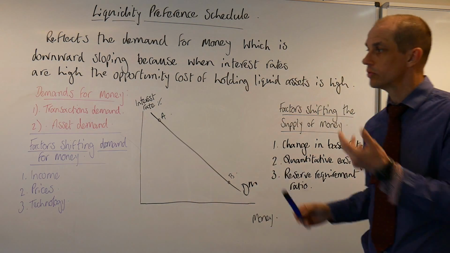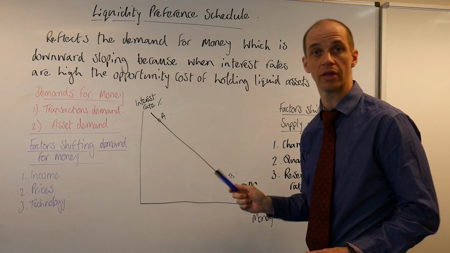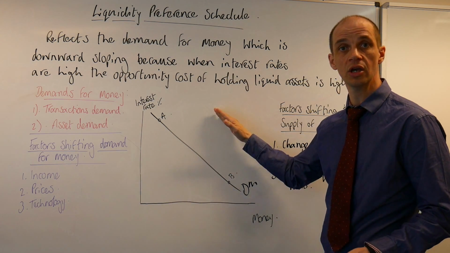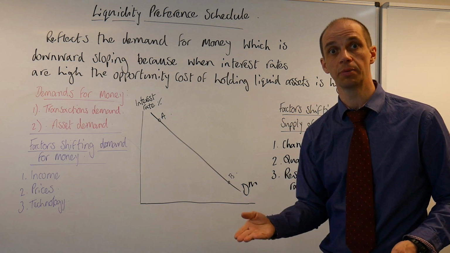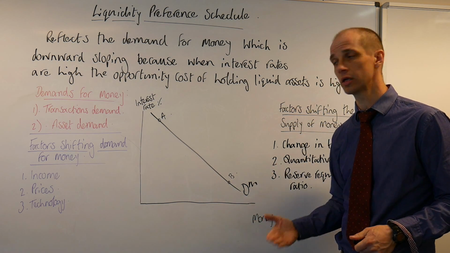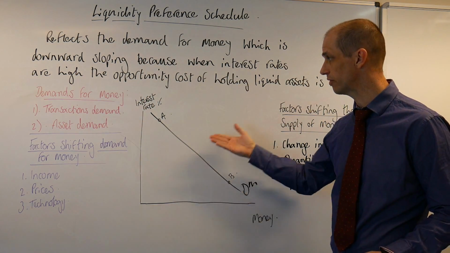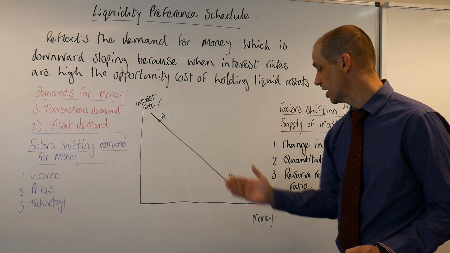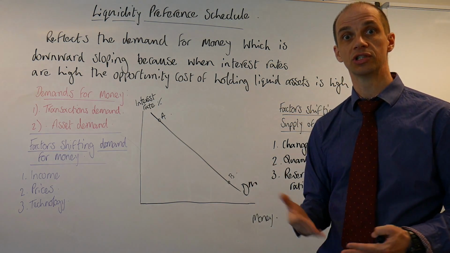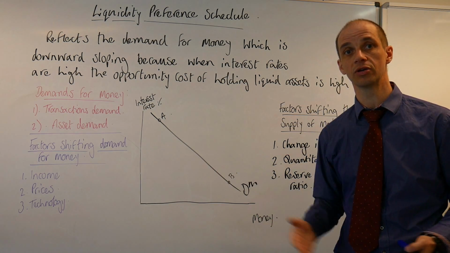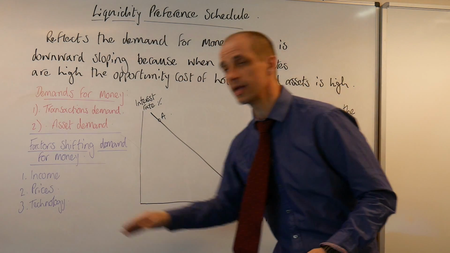Right, so there's a number of factors that can shift this demand curve, and the first one that I've put down there is income. If people's incomes rise, it's likely to mean that they will hold more cash and they will engage in more day-to-day expenditure. Almost stands to reason, really. Secondly, when it comes to prices or inflation, if prices rise, then of course you're going to need more money to conduct those day-to-day expenditures, such as buying groceries, buying petrol, etc. And thirdly, what about technology?